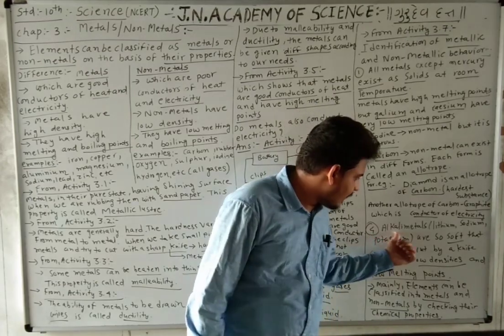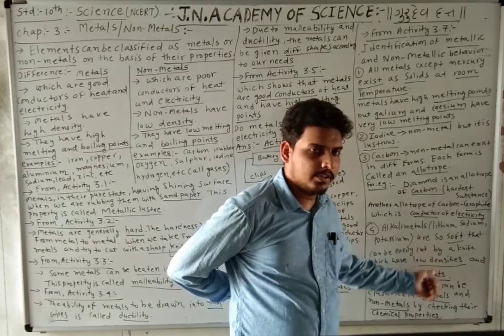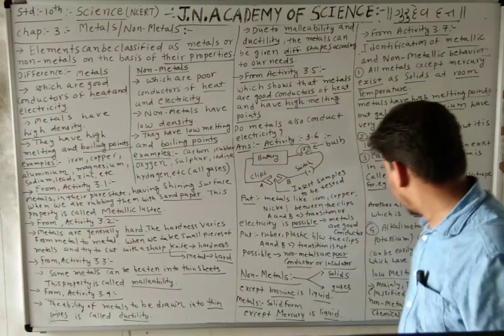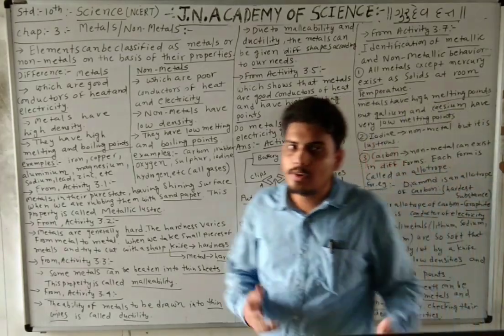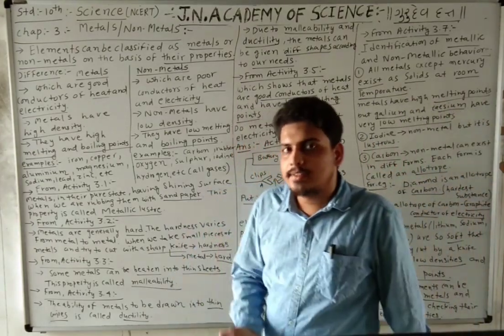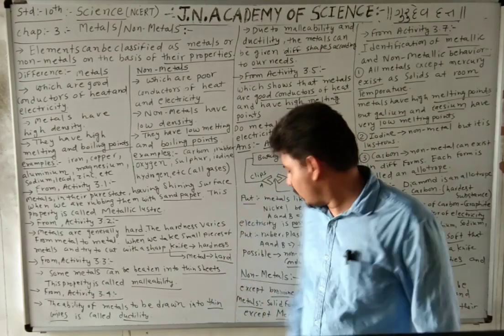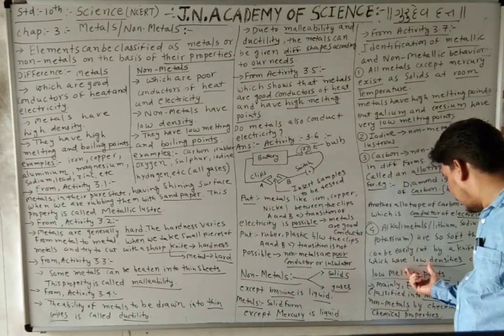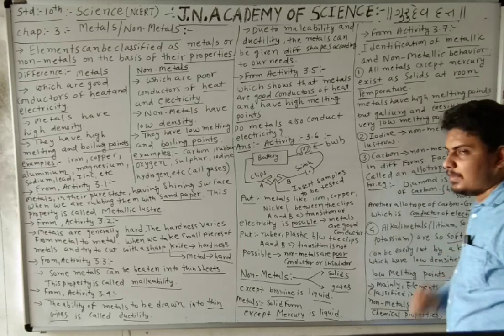Fourth point is, alkali metals lithium, sodium, potassium are so soft that we can cut them with a knife, and they have very low densities. Low density means the mass is very less, or the volume is very high. Mainly elements can be classified into metals and non-metals by checking their chemical properties.